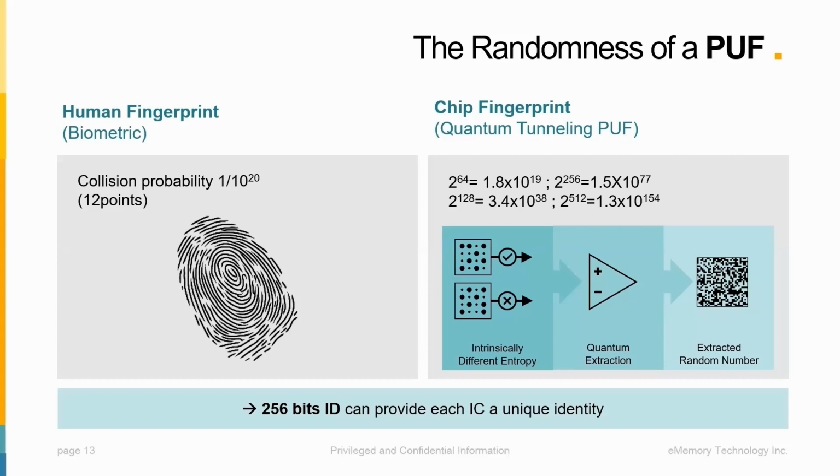For example, NeoPUF's quantum tunneling PUF utilizes differences in oxide qualities, which come from random microscopic variations between transistors. As such, they can be exploited to create a genuinely unique cryptographic key inside each chip at the hardware level. We call this chip fingerprint.